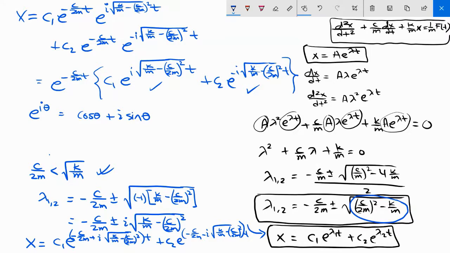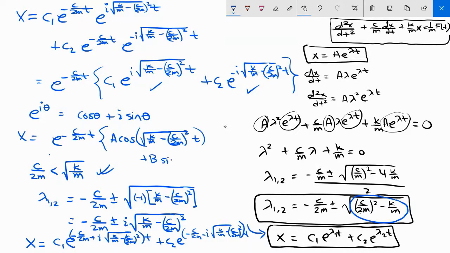So they can be again combined, and we can write x equals e to the power negative c over 2m t times a cosine of square root of k over m minus (c over 2m) square times t plus b sine of square root of k over m minus (c over 2m) square t.